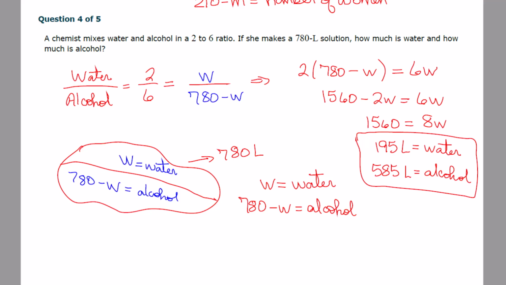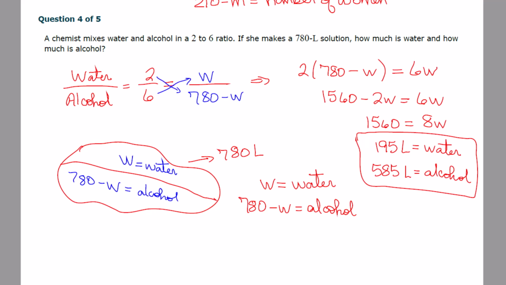So in this 780 liters, there's some water and there's some alcohol. And if I know the water, then the amount of alcohol in there is simply 780 minus that number. All right, so I'm going to put that back up here. Water and alcohol. Cross multiply.